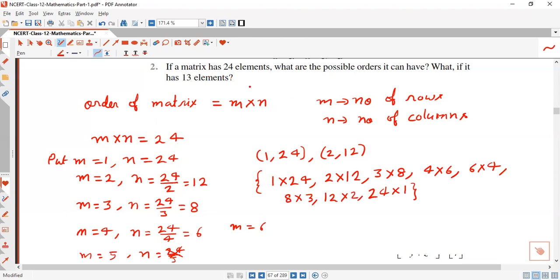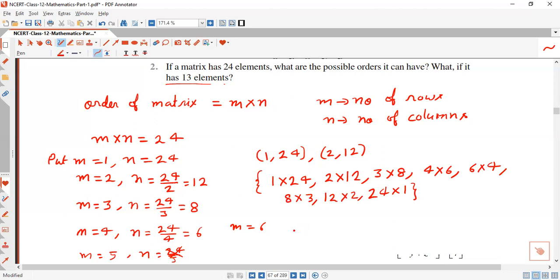So they are asking the same question: what if it has 13 elements? You see that 13 is a prime number. If I divide 13 by any other number, it is not divisible. So 13 cannot be divided into two integers.